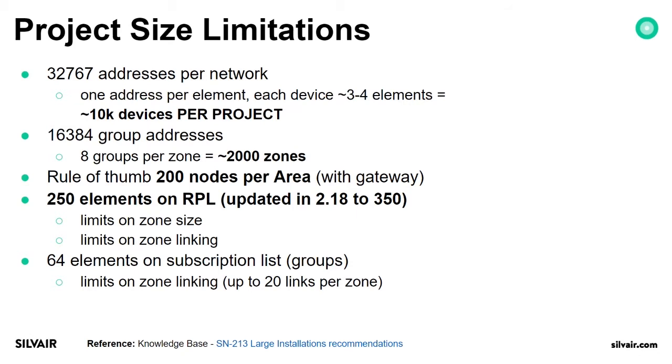This is for security reasons, and it limits zone size and zone linking. I know it might be too complicated, but to understand it well and to know how to calculate it properly, you should read our large installation recommendations document. 64 elements on subscription list or groups, which limits zone linking to up to 20 links per zone.